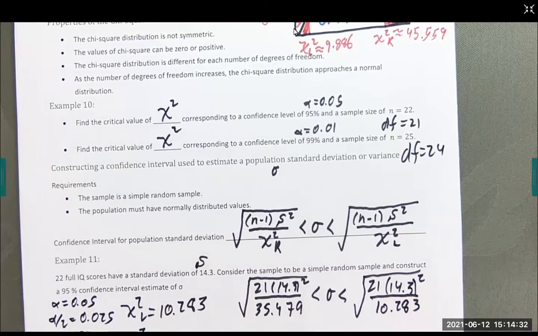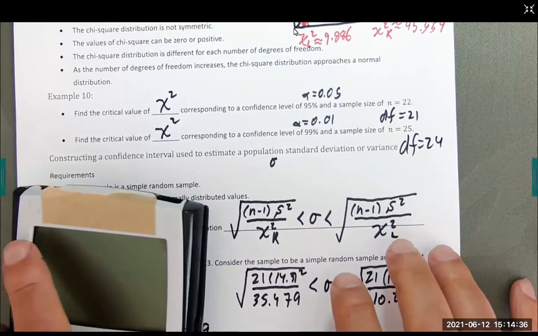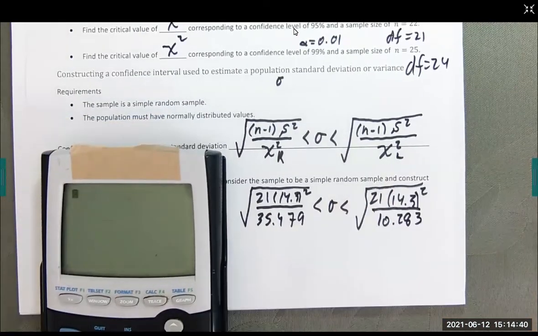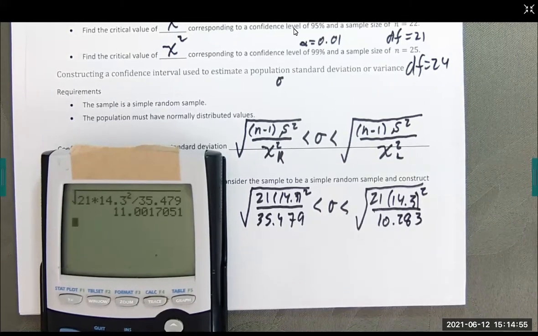Our calculators ready? All right, so square root of 21 times 14.3 squared divided by 35.479. There it is.